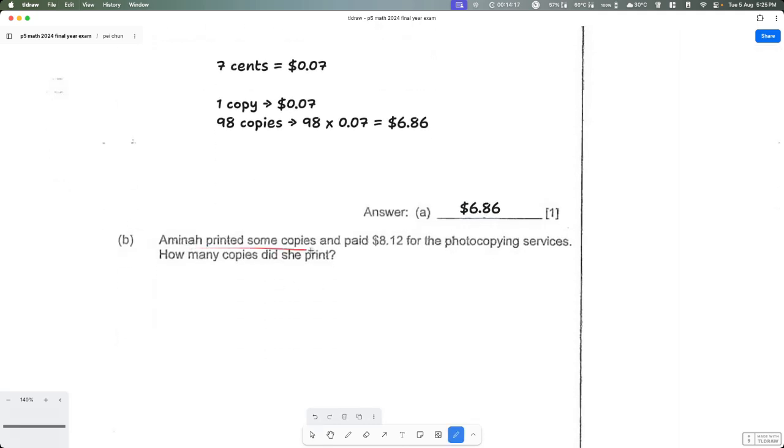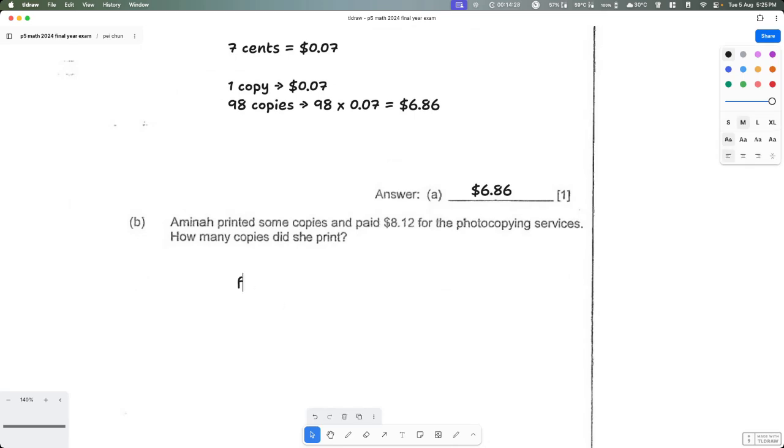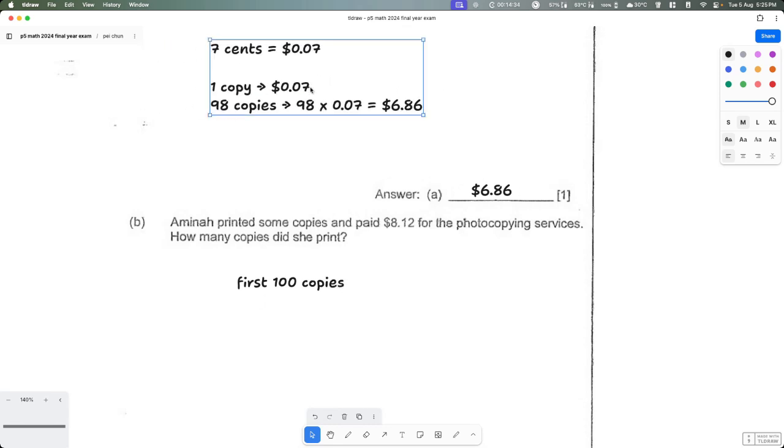Part B: Amina printed some copies and paid $8.12 for the photocopying services. How many copies did she print? So first 100 copies is basically $7.